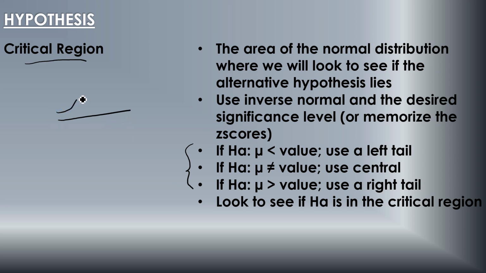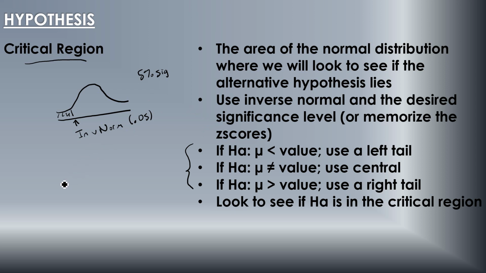So I would have my normal, and the left tail would be over here, which means when I do my inverse norm, say with an example of 5% significance, I would do an inverse normal of 0.05, and that will give me the z-score right here for a 5% significance level.